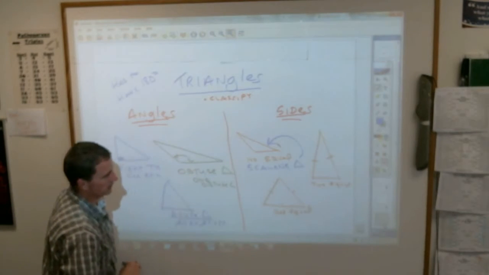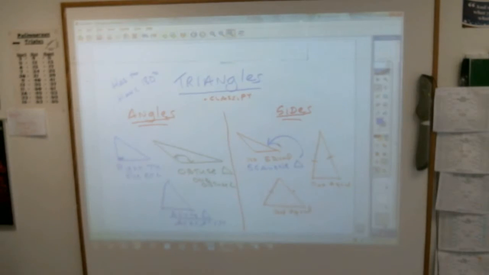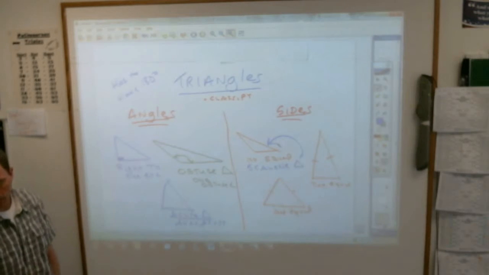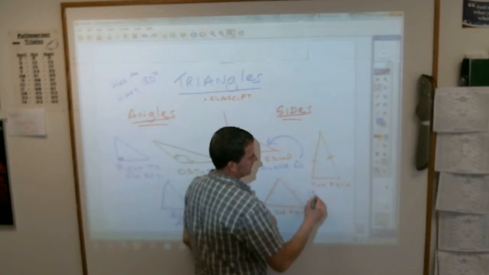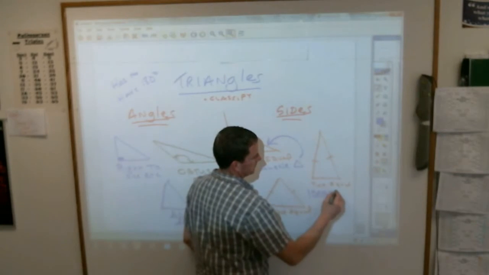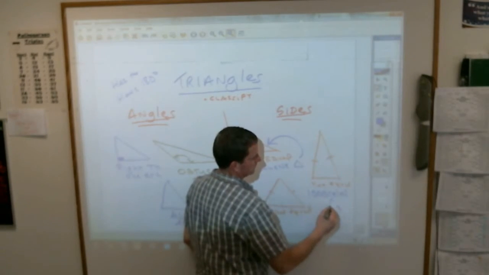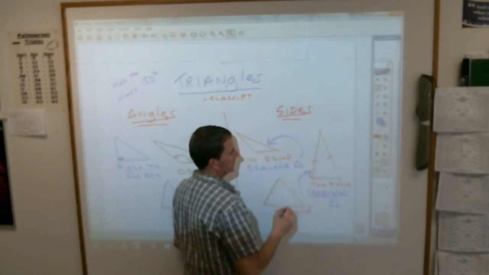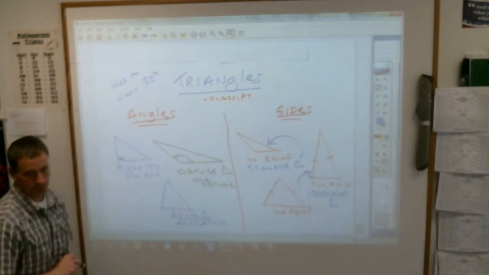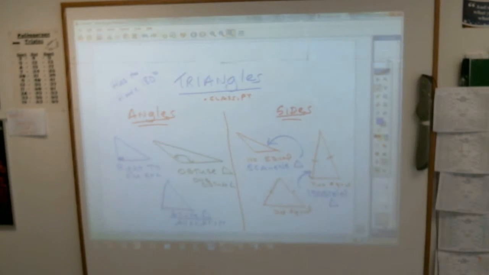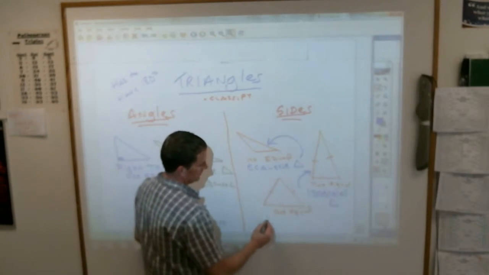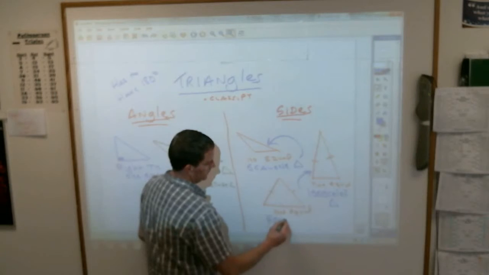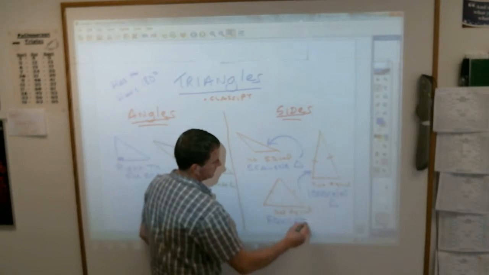No equal sides is scalene. Two equal sides then would be Jaden, an isosceles triangle. It has two equal sides. And the last one is Isabel. Equilateral.